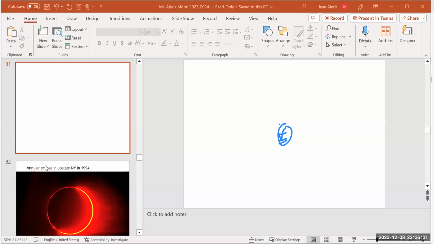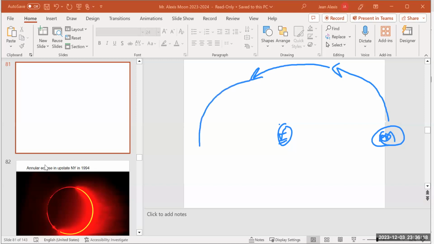And then now we're saying that the moon is farther, so this is the moon. We'll label it letter M. If the moon was farther from the Earth, it would take a longer time for the moon to go around the Earth.